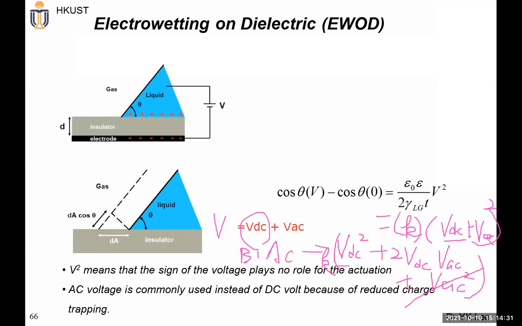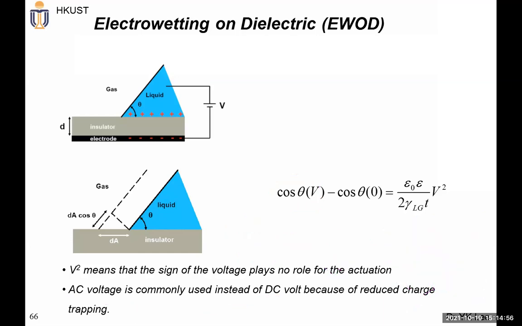So in this case, eventually we show this contact angle can be linearized, linearly proportional to the applied AC voltage. So in this case, I can really manipulate this contact angle, and that is one very important thing for practical engineering.